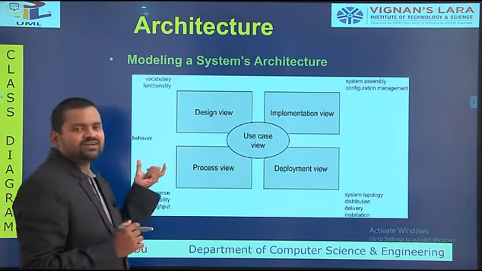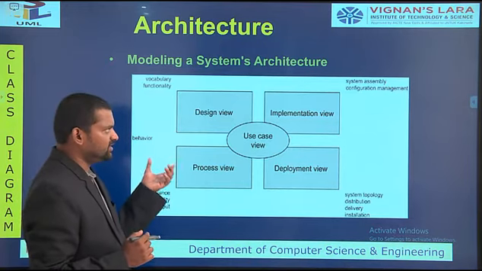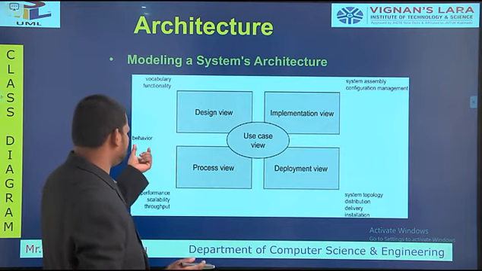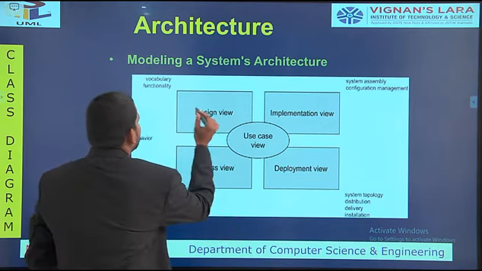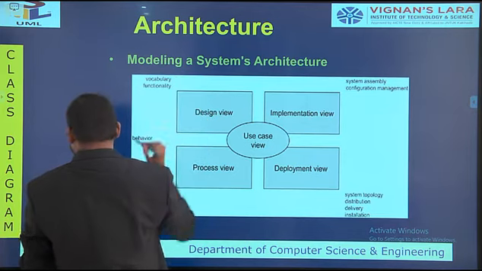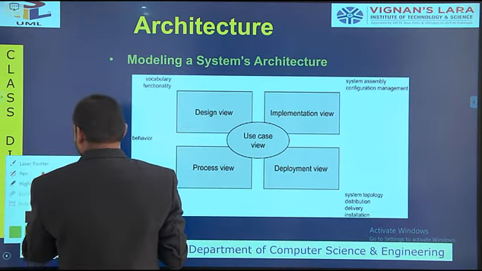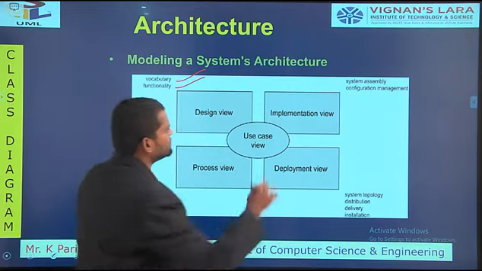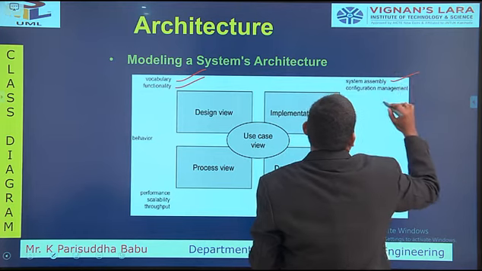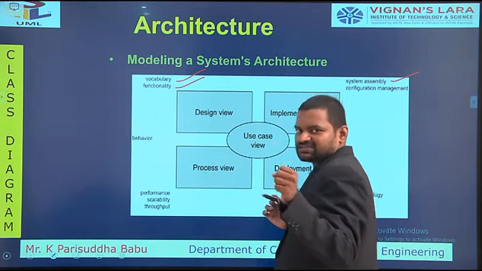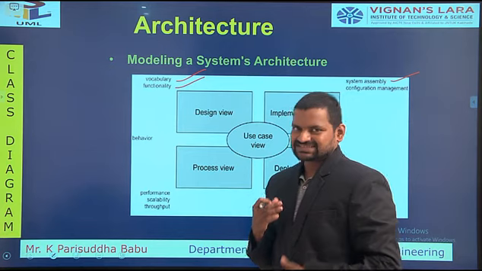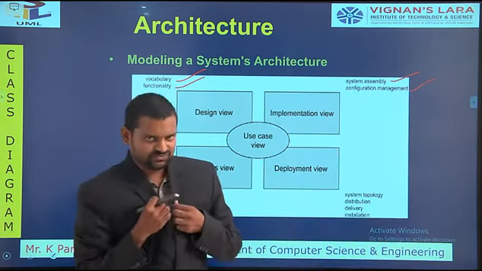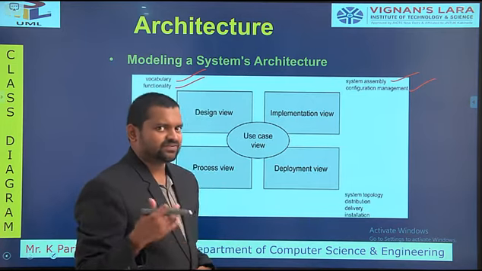The use case view contains the behavior of the particular system, with static and dynamic views. The design view contains the vocabulary and functionality of the system. The implementation view contains the system assembly: how we assemble and construct the system, the configuration, and how to implement it with different languages.